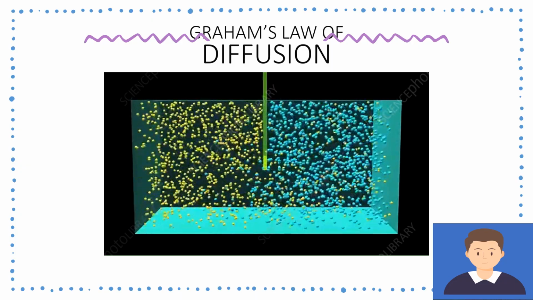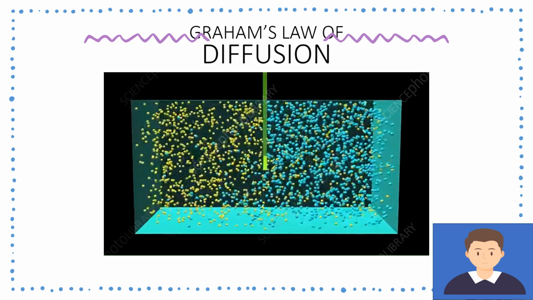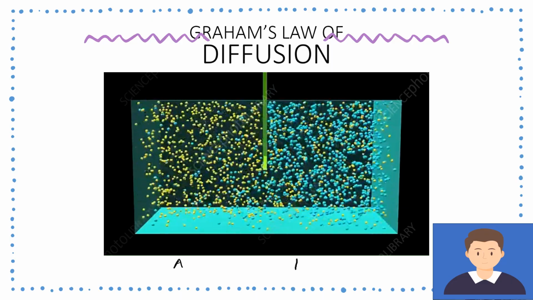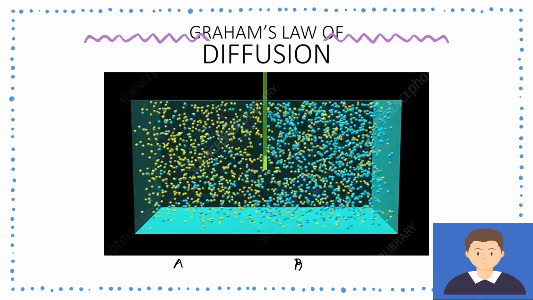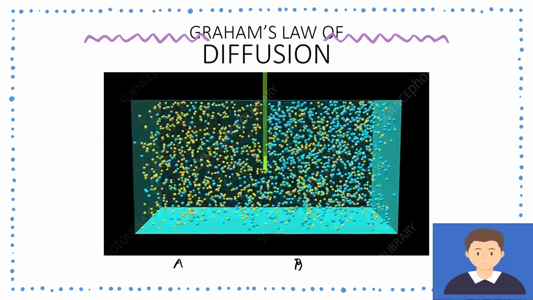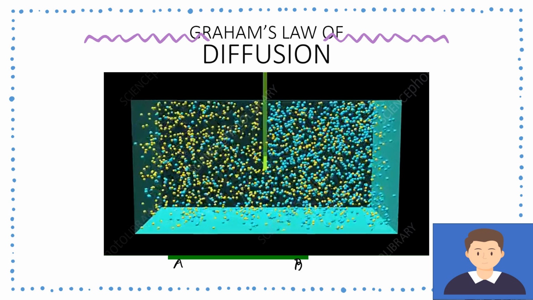Let's say this is gas A and gas B. You can see the molecules of gas A move from the left side to the right side, and the molecules of gas B move from the right side to the left side. This movement occurs until it reaches the state of equilibrium, when the concentration of gas A and gas B are equal. So that is Graham's law of diffusion.